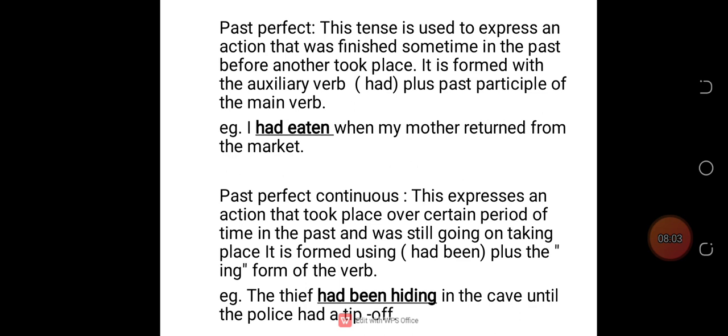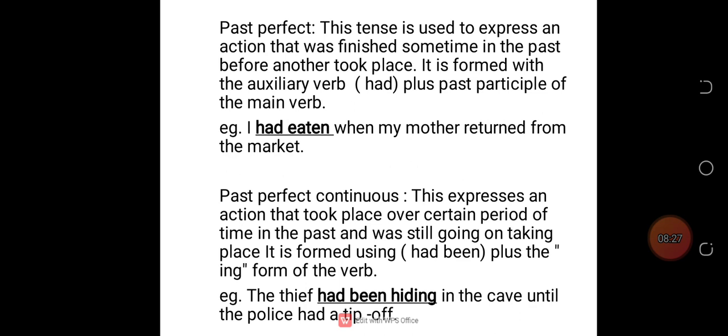Now for the second part, which is our objective for today. For the past perfect continuous tense, the sentence expresses an action that took place over a certain period of time in the past and was still going on or taking place.